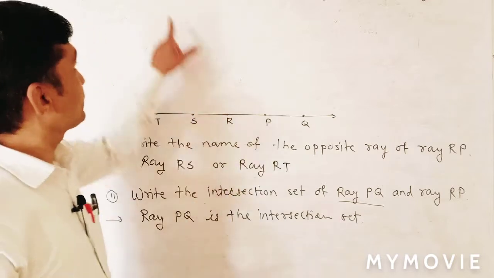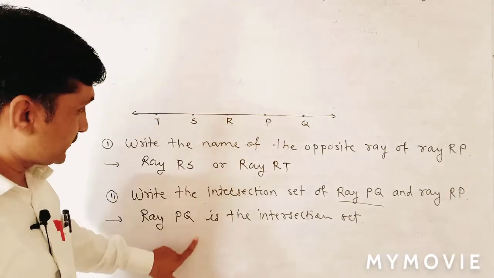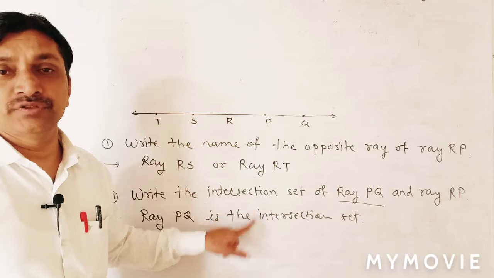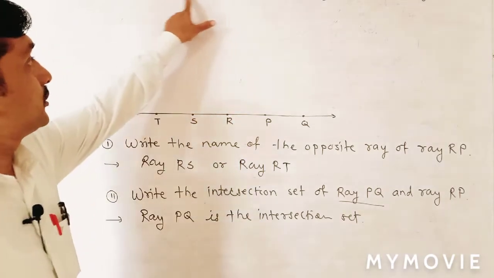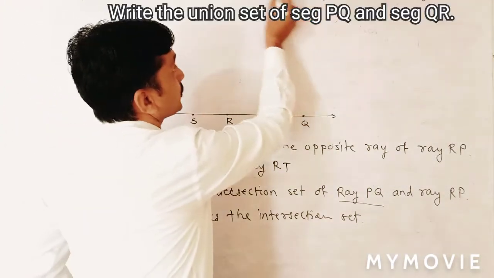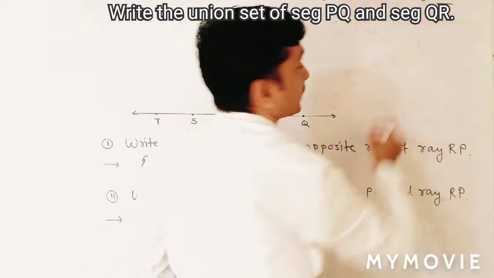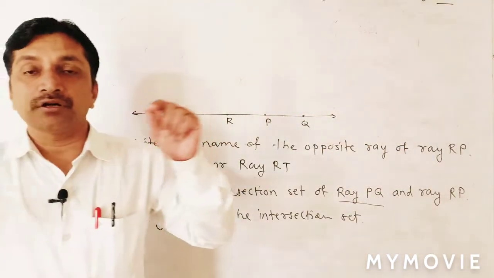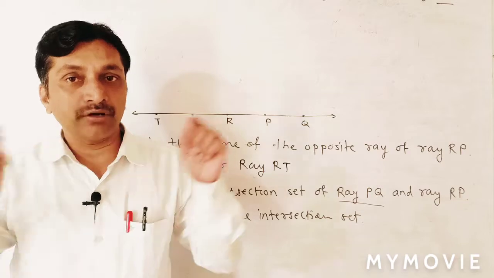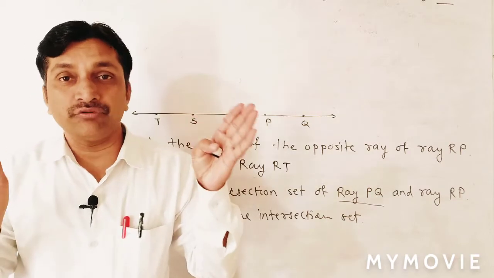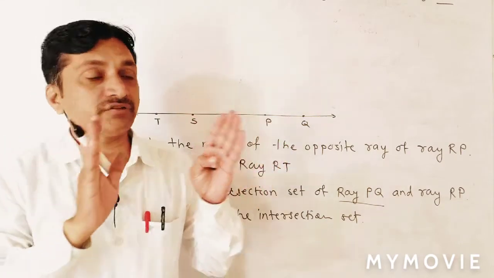Example number 3. In the second we wrote intersection. Intersection means common. In the third, write the union set of PQ and QR. Union means combine together. If we combine both the rays, which segment we get by combining both, that is the union.